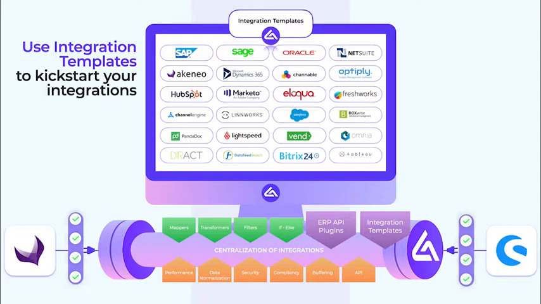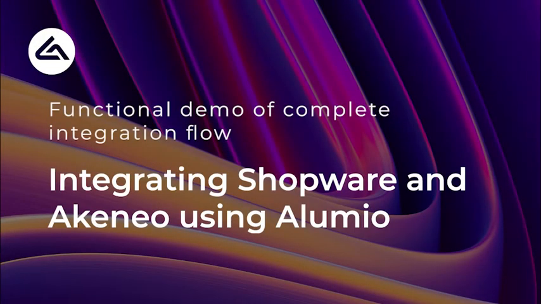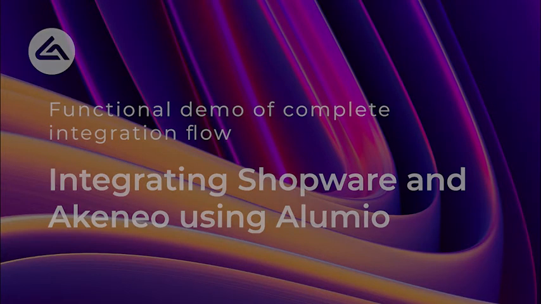These can be used and modified via our user-friendly interface. This integration template delivers these pre-mapped data routes and pushes them to the connected system. As we mentioned at the start, we'll now share a functional demo of creating integrations using an Alumio integration template.